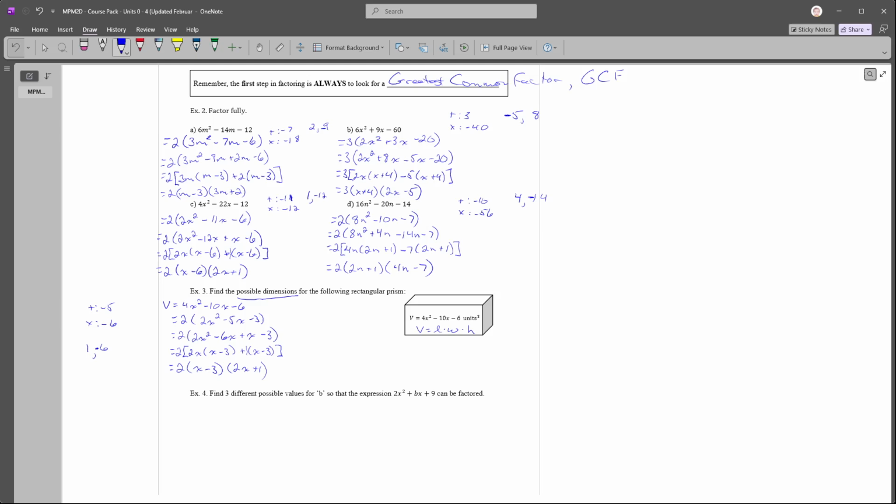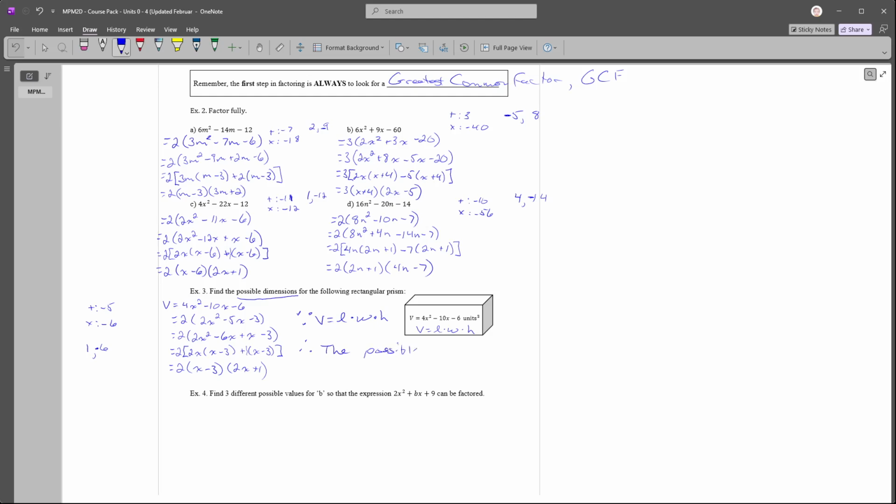So since we know that the volume of the prism is equal to the length times the width times the height, which is a term times a term times a term, we happen to have 3 terms here. So these are our possible dimensions. We don't know which is which.